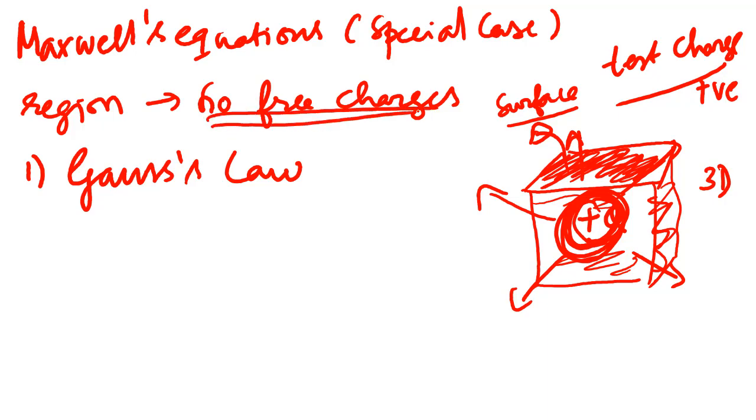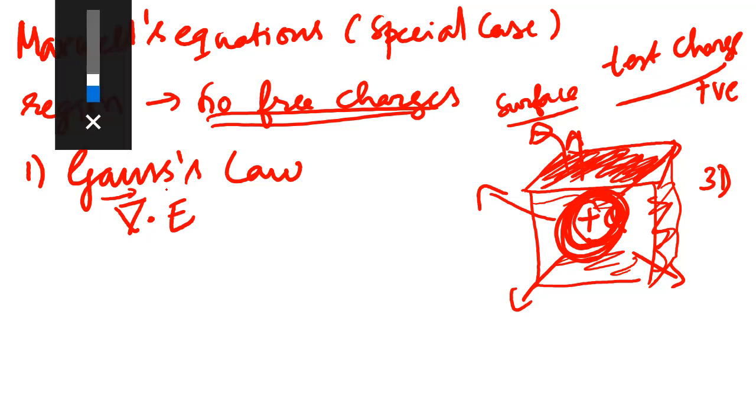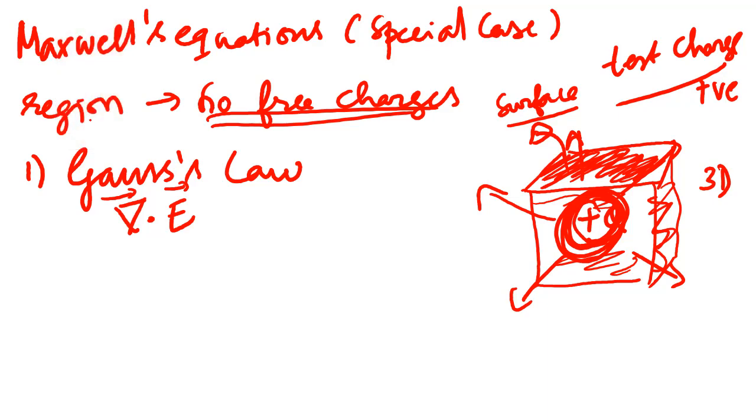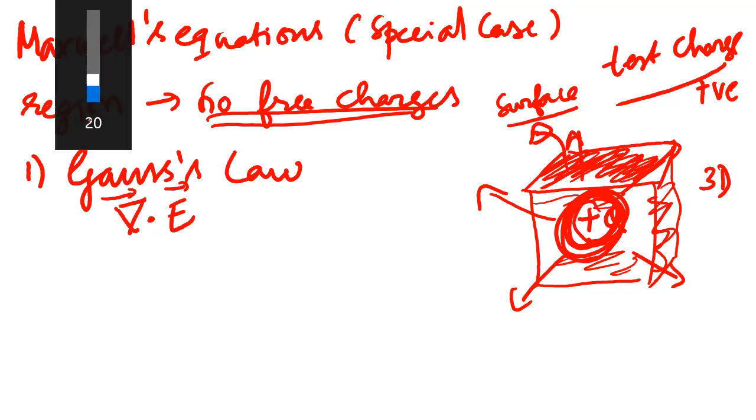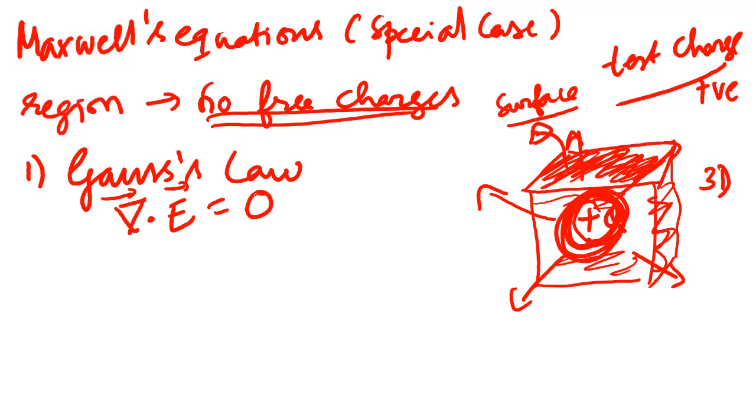So if there are no free charges, the differential form of Gauss's law says the divergence of the electric field, where the divergence is essentially a derivative, right? So we have this to be 0 because we are considering a region of space where there are no free charges, right? So this is an operator, right?